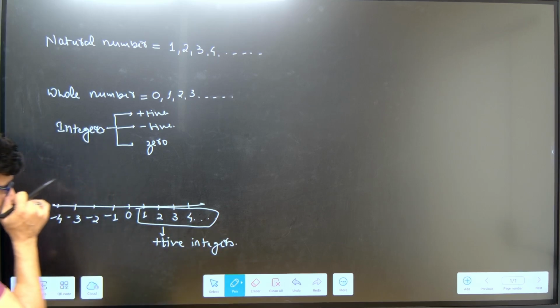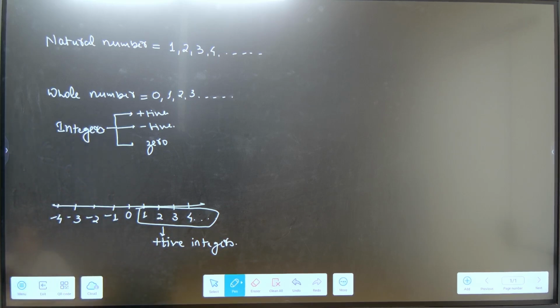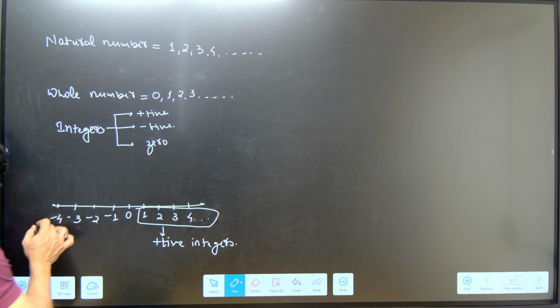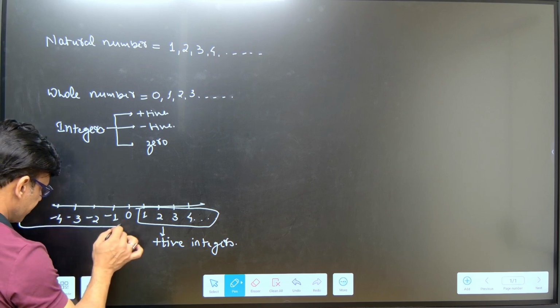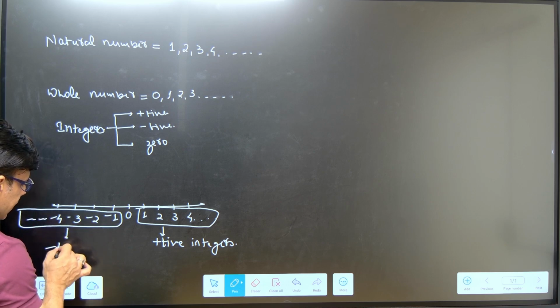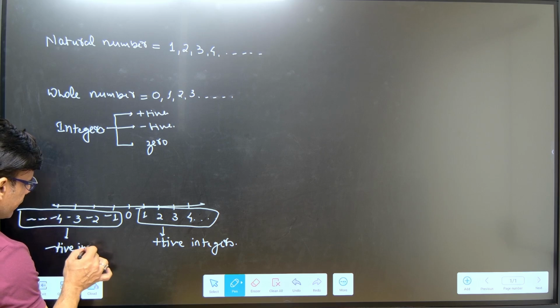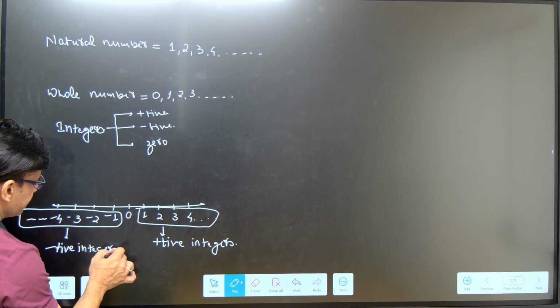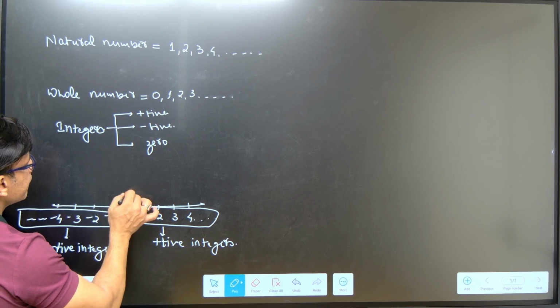Remember, integers also do not have any decimal part in them. 1.1, 1.2, these are not integers. -1, -2, -3 and so on are called negative integers. Then we have 0.